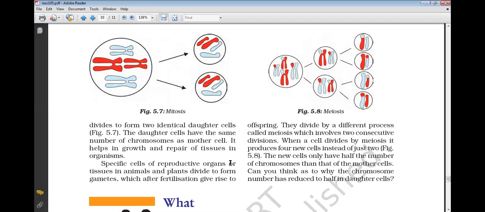In mitosis, the number of chromosomes in the mother cell and the daughter cell are equal, while in meiosis, the number of chromosomes in the daughter cell is half the number of the mother cell. This way the cell division takes place. We studied two types of cell division, mitosis and meiosis.